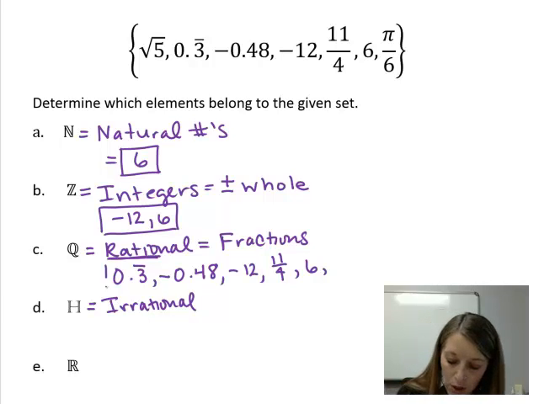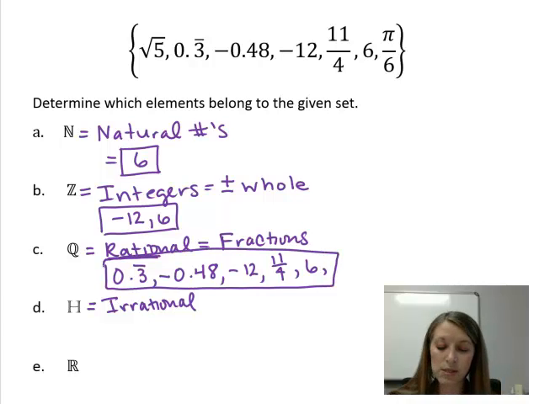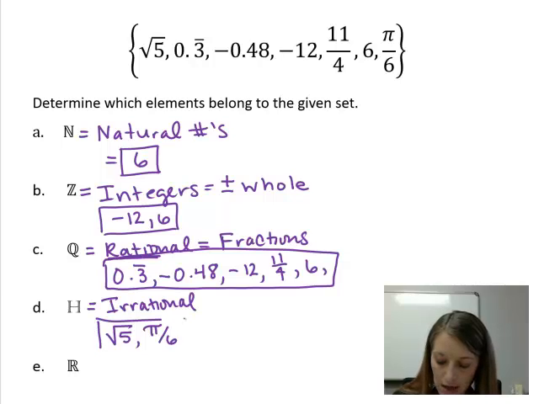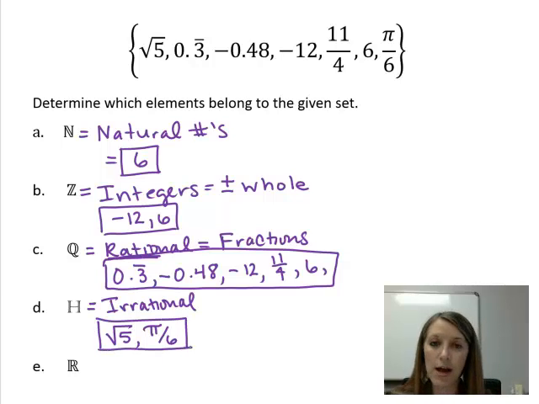The way I'm going to work this problem is I'm just going to use all of the ones that I didn't use in part C, but double checking that they fit into the definition. Decimals that don't stop and decimals that don't repeat. So, square root of 5 didn't simplify, so that fits into there. And pi over 6. Half of it is irrational, so that makes the whole thing irrational.